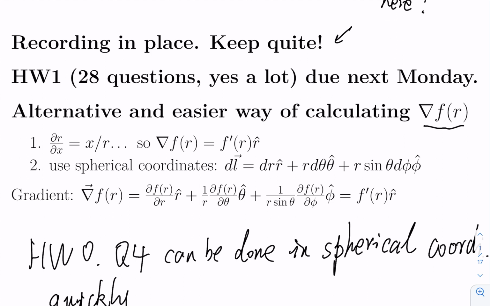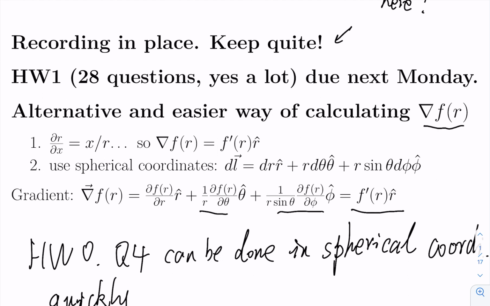What's better is to work directly in spherical coordinates. If you look at the line element and the gradient operator, you can immediately conclude that the gradient of a scalar must be f prime in the r hat direction, with no amplitude in other directions, because f of r is not a function of theta and phi.